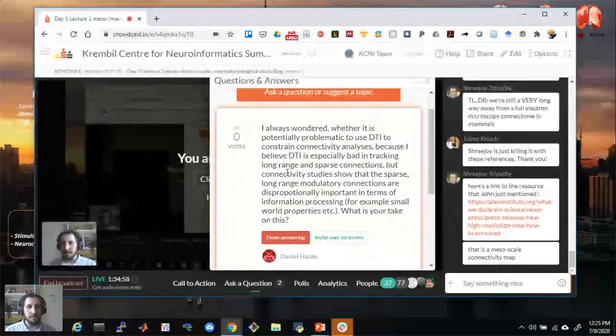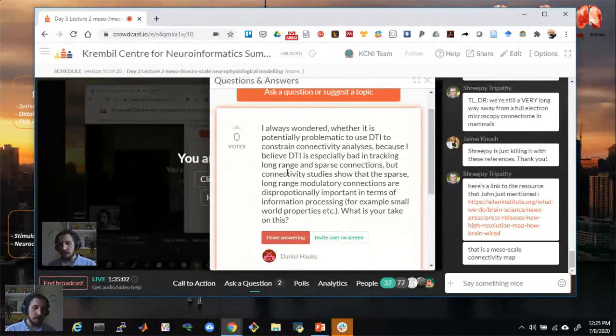So there's a lot of false negatives that come from diffusion MRI tractography reconstructions, but there's also, particularly if you use probabilistic methods, a lot of false positives. So it's a bit of a mess.